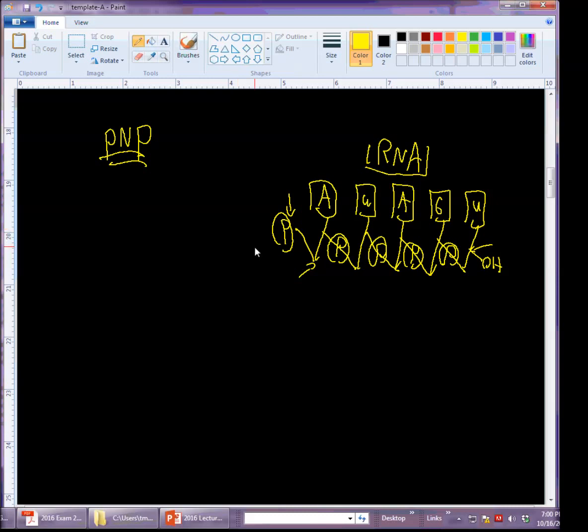And the job of polynucleotide phosphorylase is to take phosphates, probably from ATP, I'm not really sure, but what it does is it uses energy to break down this RNA into nucleoside diphosphates. So I'm going to be a little PNP enzyme, and I'm going to break off.